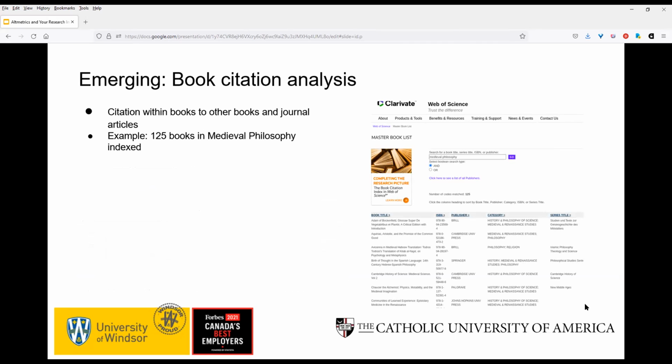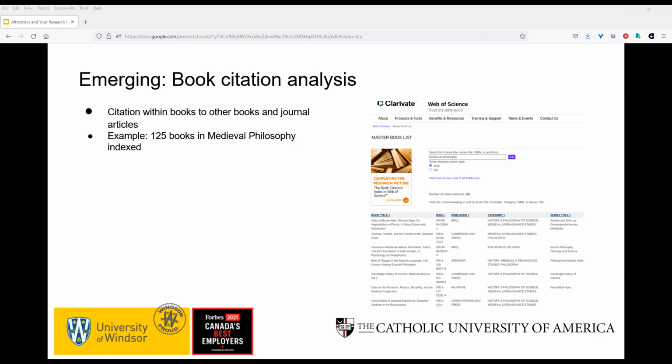On the Clarivate website, you can go in, and this is part of their marketing and sales material, so it's not paywalled. You can do a search for an area of study, a book series, a particular ISBN, a publisher, and find out how many books and which books are included in the core Web of Science product.